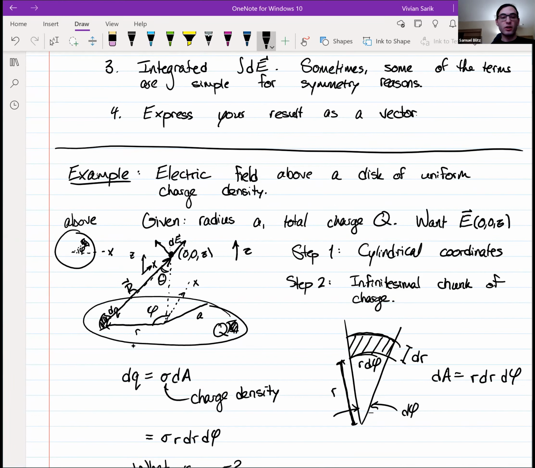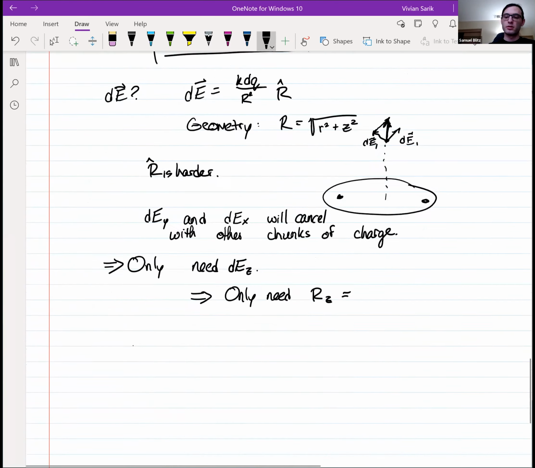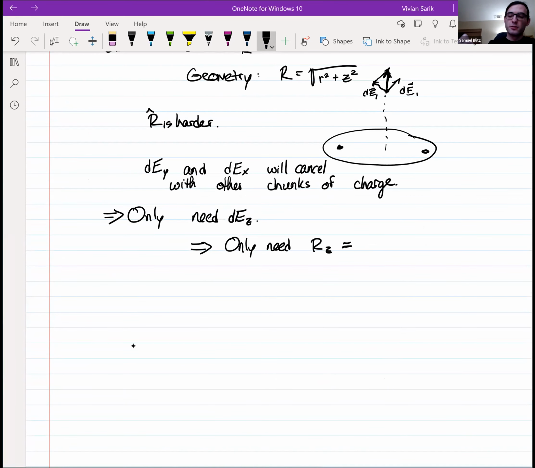And the cosine of that angle is just z over capital R. So the z component of the r unit vector is just z divided by R. And we know what capital R is now. Capital R is the square root of little r squared plus z squared. So this makes it just a lot easier.